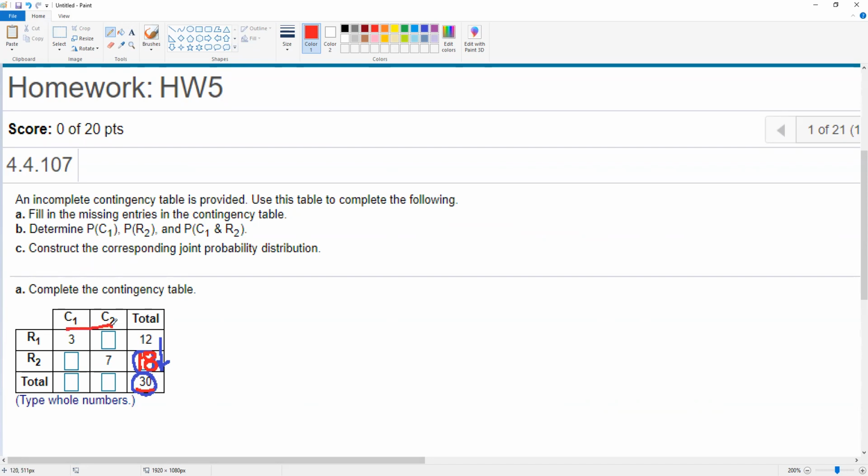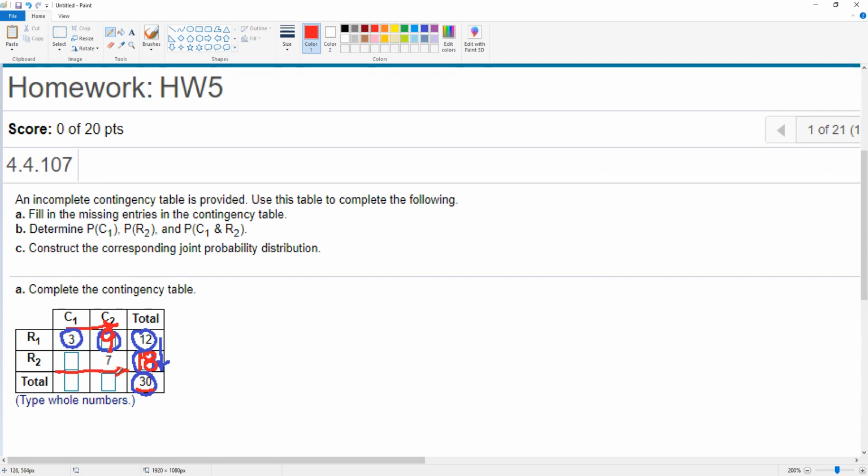It's the same thing. When I add these two cells, 3 and this one, it must be 12. So now the second cell must be 9. So 3 and 9 must be the 12, the subtotal. It's the same idea.